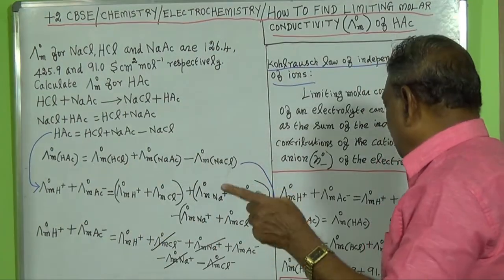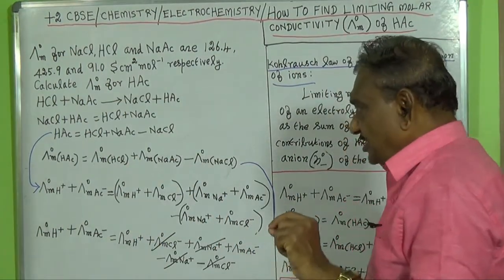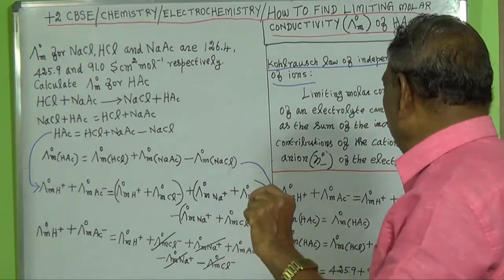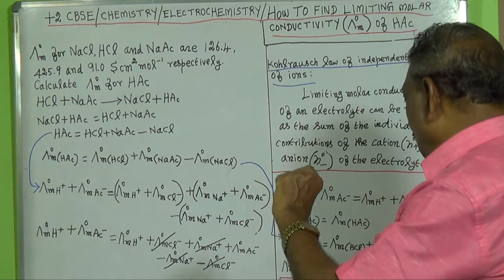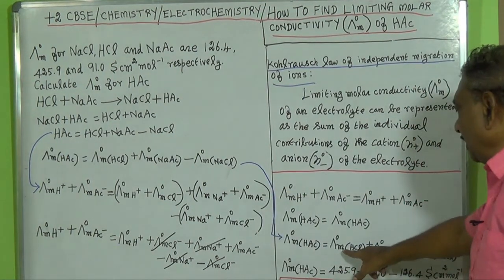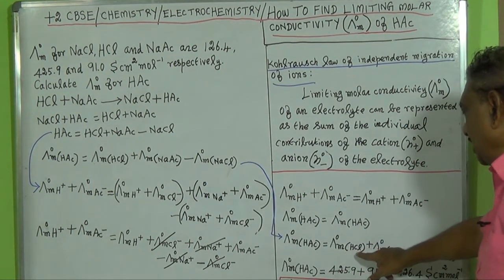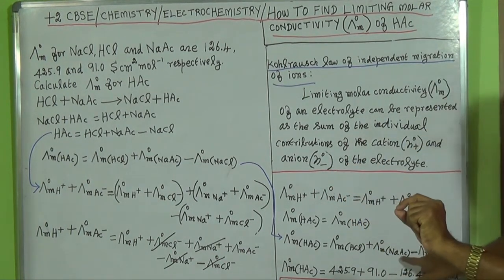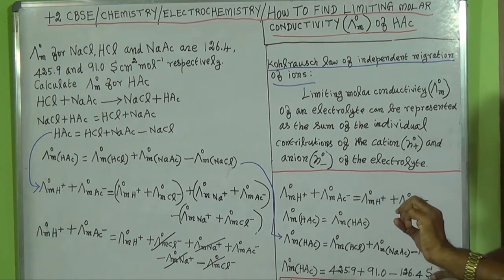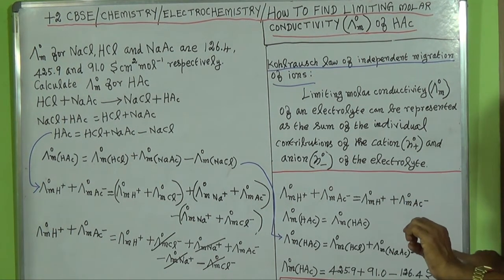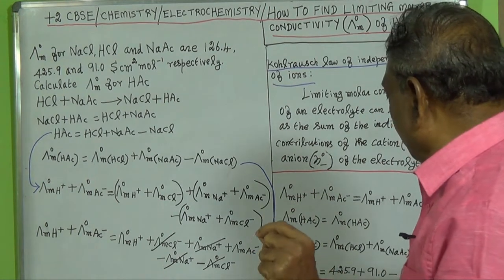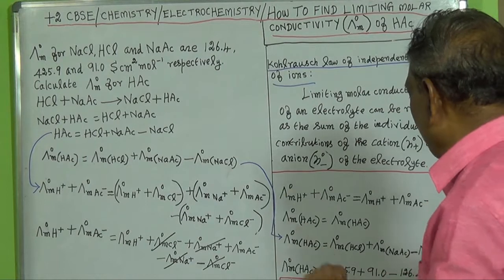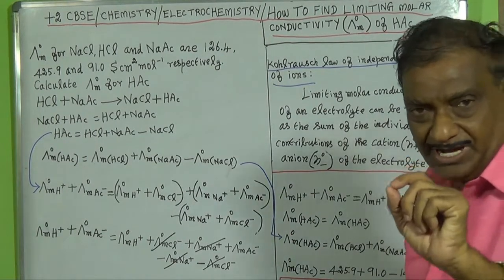We are writing this equation again, that is limiting molar conductivity, that is lambda m naught, of hydrogen acetate equal to limiting molar conductivity of HCl plus limiting molar conductivity of NaAc minus limiting molar conductivity of NaCl. In the sum, the limiting molar conductivity of HCl is given as 425.9.